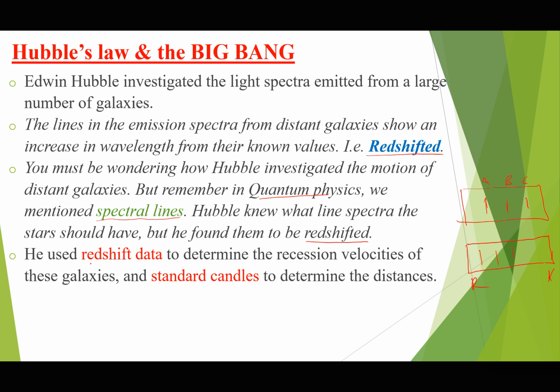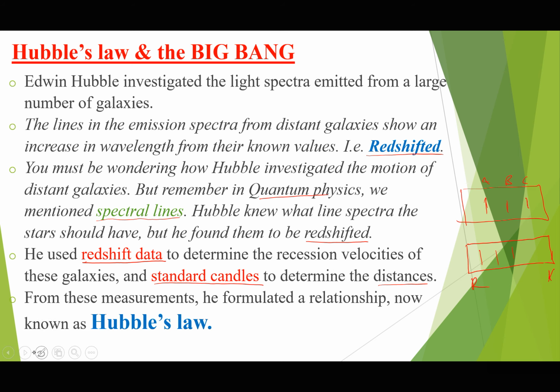So he used the redshifted data and what we call the standard candle that we have already mentioned, an astronomical object whose luminosity is already known. So using the redshift to determine the velocities and using the standard candles to determine the distances of these galaxies, Hubble came up with what we today call Hubble's law.